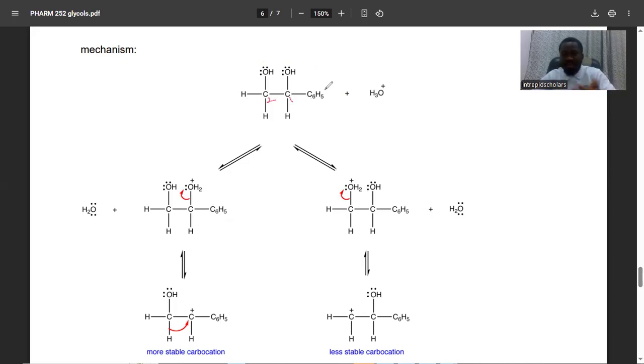Now, if you look at the other name, 2-phenyl-1,2-ethenediol, if I add the numbers, I would have 2 plus 2 plus 1. That's 5. Now, if I number it like this, what I will have is 1-phenyl-1,2-ethenediol. And that would be 1 plus 1 plus 2. That will be 4. And always I have to choose the numbering that gives a lower sum. That is why we number it like this.